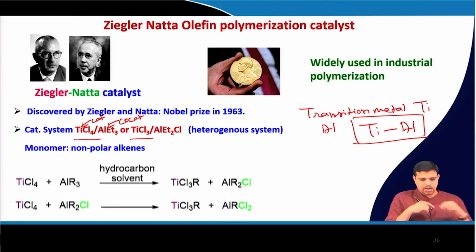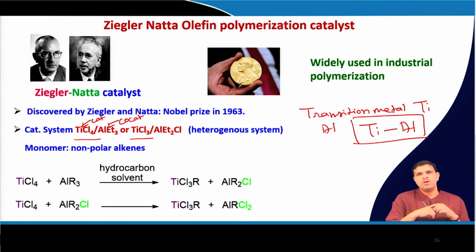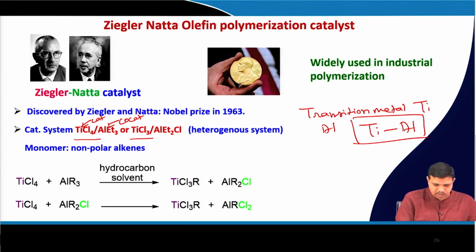The preferred monomers are the non-polar alkenes. Here the catalyst and co-catalyst are reacted in the same solvent, and then monomer is passed. So it's an in situ reaction. First the catalyst formation and then the polymerization. Okay, so these are the basic steps.